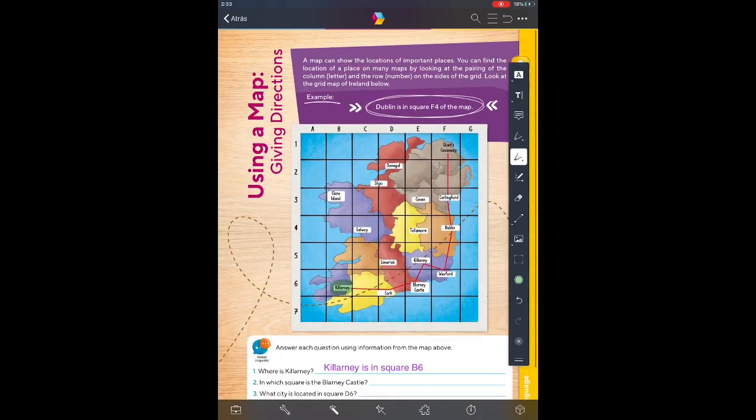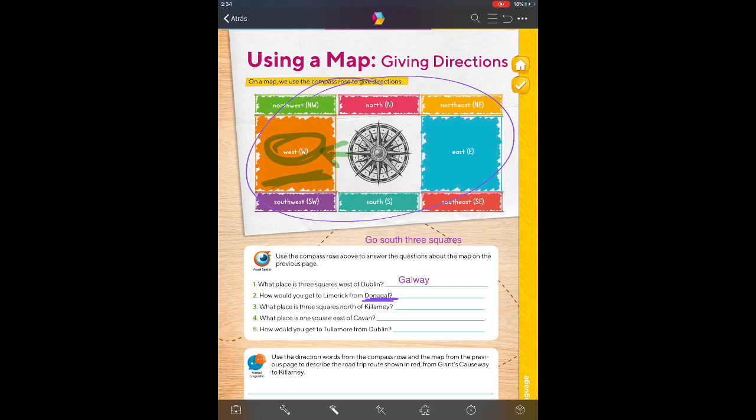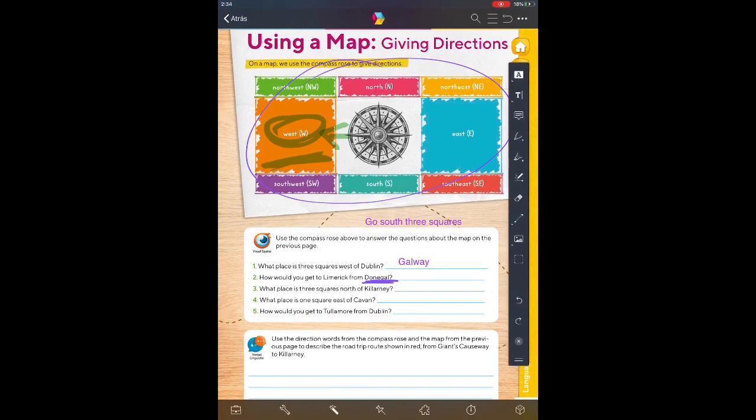And it says that you need to count 3 squares north, okay? Because it's saying what place is 3 squares north of Killarney. And how do we get to north? By going up, right? Because north it's up, okay? So you need to write the place that is 3 squares north of Killarney.